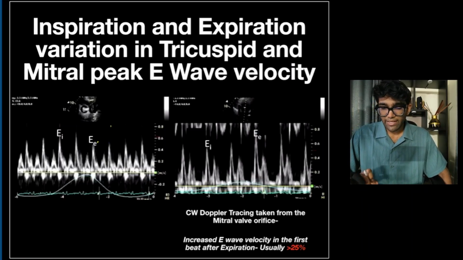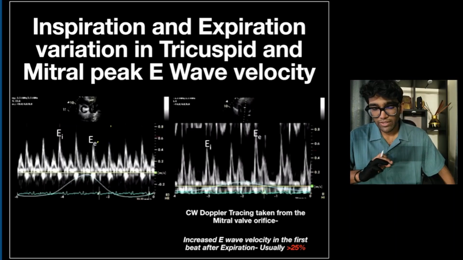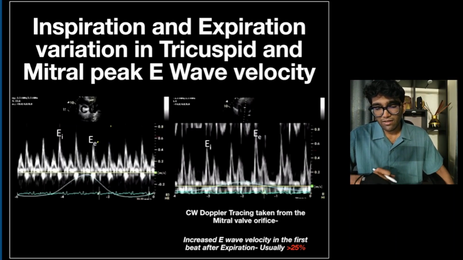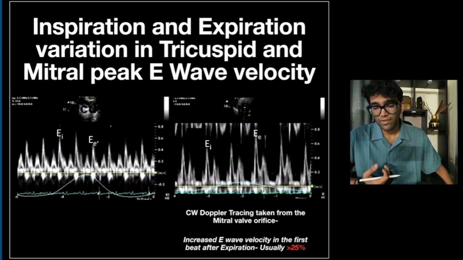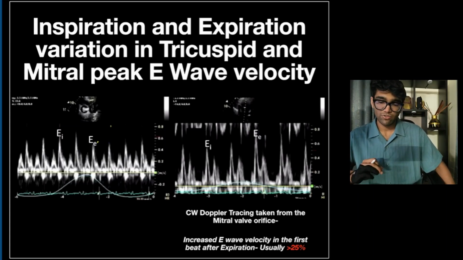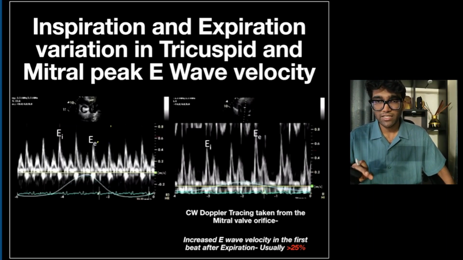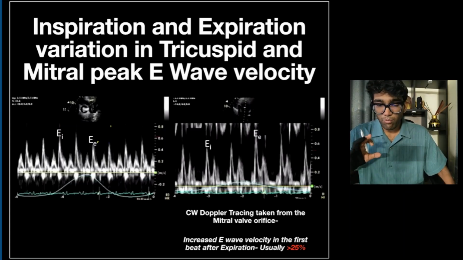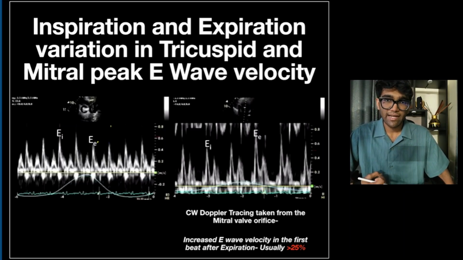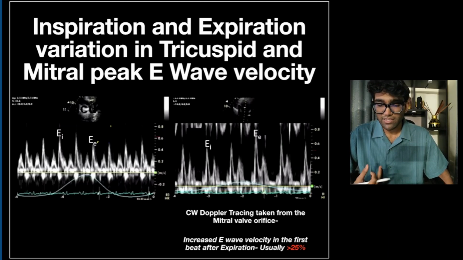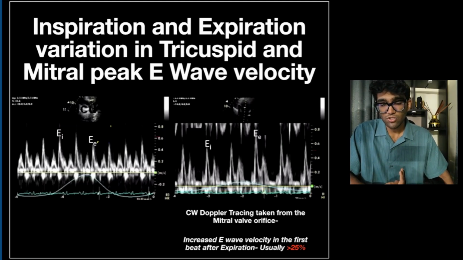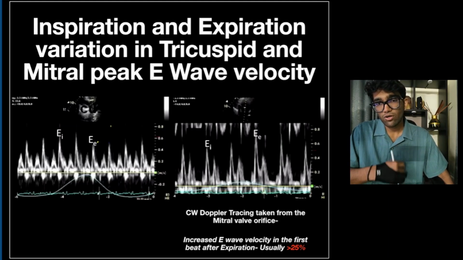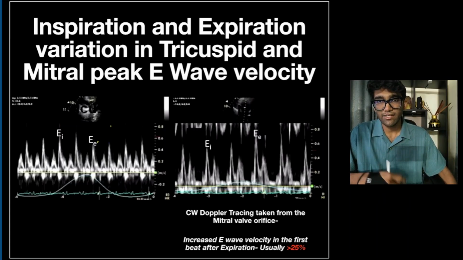One is that you can take a color Doppler tracing from the mitral valve. Okay, so if you find an increased E wave velocity after expiration, so in the first beat after expiration, what happens here is during expiration there is a positive pressure within the chest wall, and that positive pressure is essentially decreasing right ventricular filling. So as a result, the septum is now not moving as much towards the left ventricle, so flow across the mitral valve is actually exaggerated during expiration.